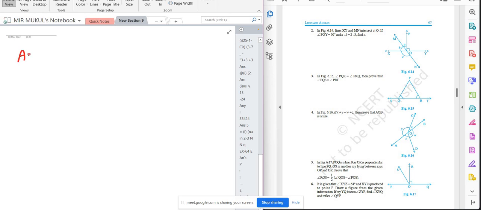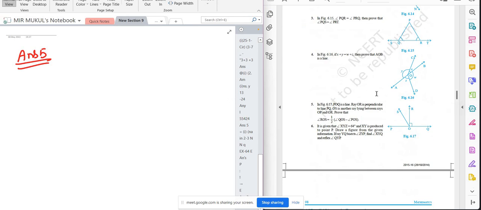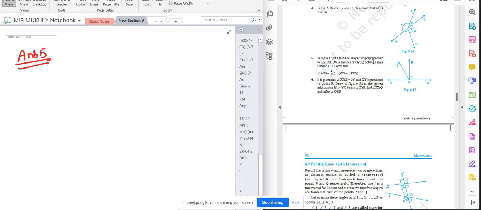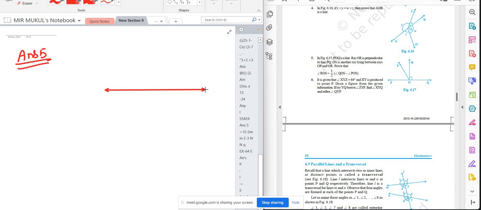Now see answer 5. Okay. So up to question number 4 already you did. Question number 5 I am showing in this figure. So draw this figure quickly. Now here one perpendicular line, perpendicular ray.